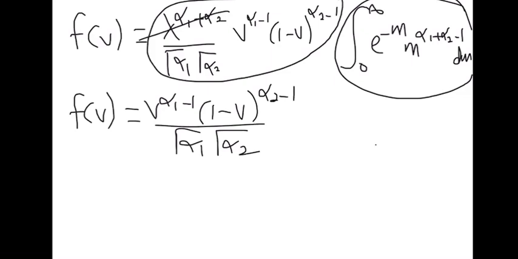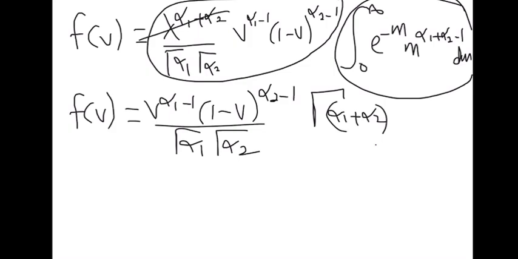What gamma is that? When I have exponential carry negative m and m raised to the power alpha 1 plus alpha 2 minus 1 dm, what is it going to be called? Take a look at that. That is gamma alpha 1 plus alpha 2. If you use the idea of gamma function, that is exactly what you're going to get.